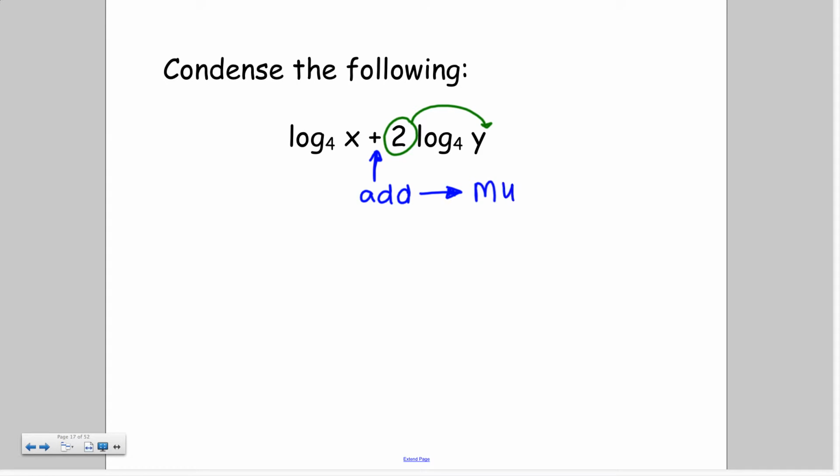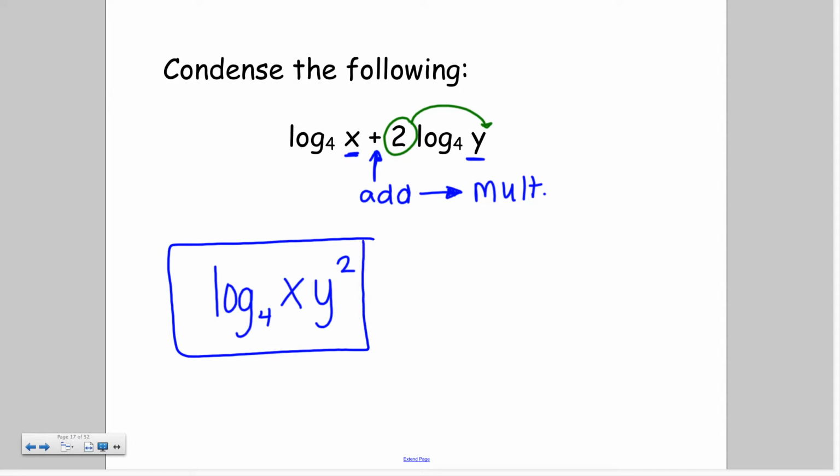And that is multiplication. So we know we're going to multiply those. So we have log base of 4. We only write that one time. Now the first thing that we have is x. So log base 4 of x. And it's being multiplied to y, which has an exponent of 2. And that's our answer.